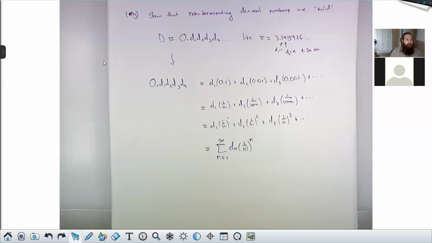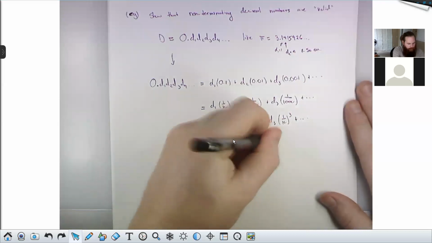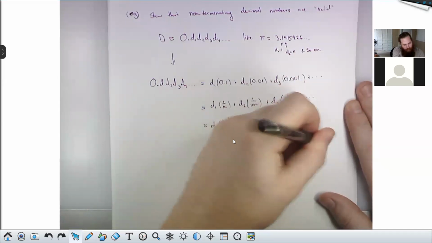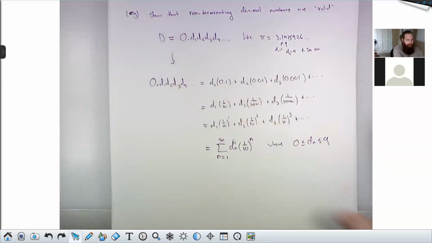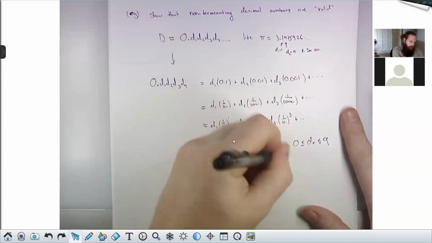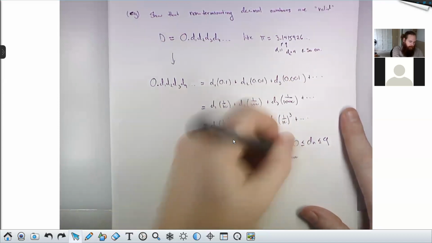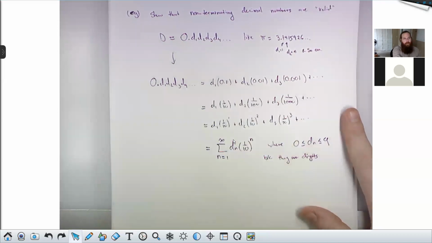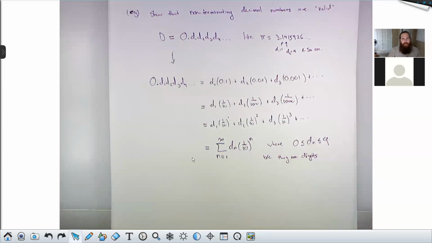Good, Thomas nailed it. I think Nick and Thomas are both getting at the right idea there. Each successive d has less of an impact. And in particular, dn is always between 0 and 9, because they're digits. So in other words, this will make a nice direct comparison.